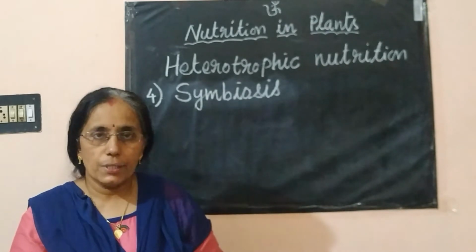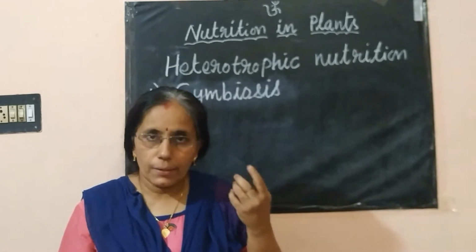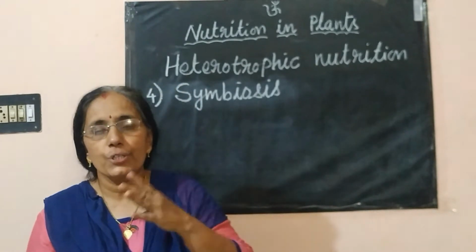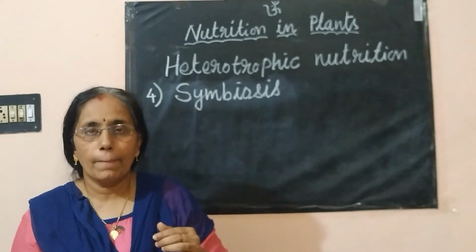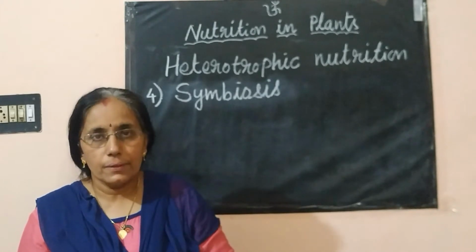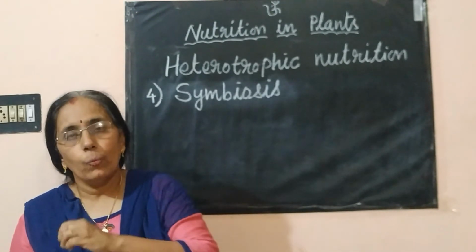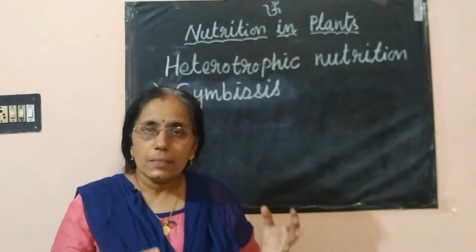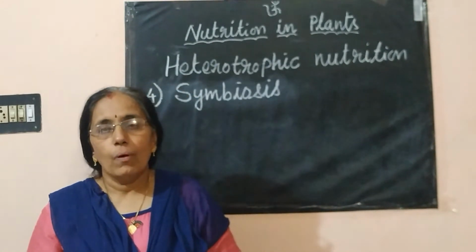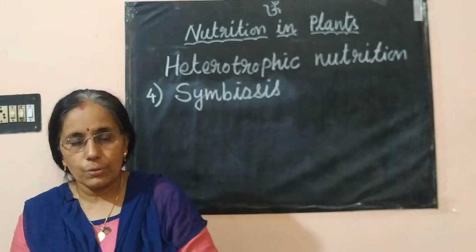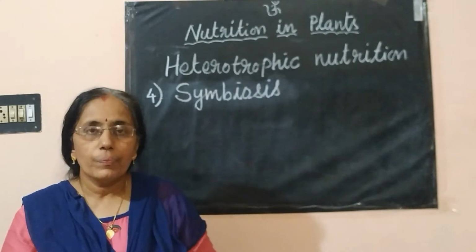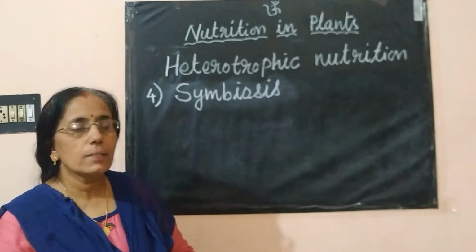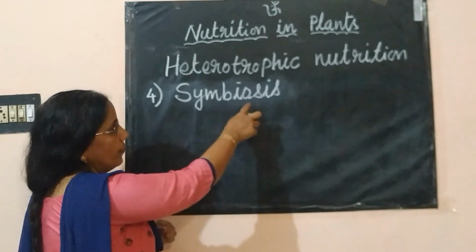In this association, alga, which contain chlorophyll, make its own food and share with the fungus. Fungus in return provide water and minerals to the alga. This type of association of 2 or more distinct organisms where all of them mutually benefit is known as symbiosis.